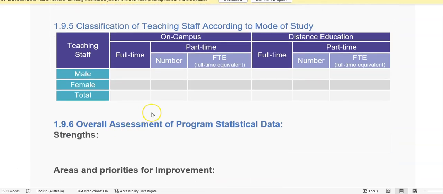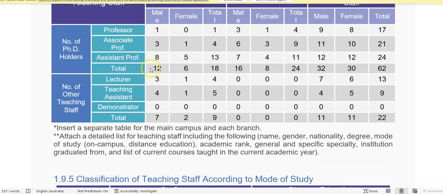Now let's go to the classification of teaching staff according to mode of study. As we see here, we have 18 PhD and 24, which means we have 42, and we have here also 9, which is 51.